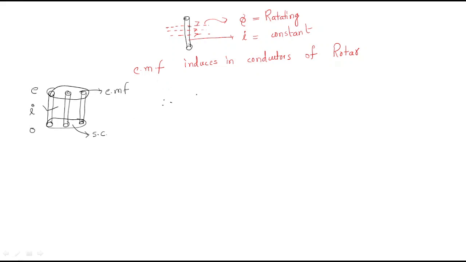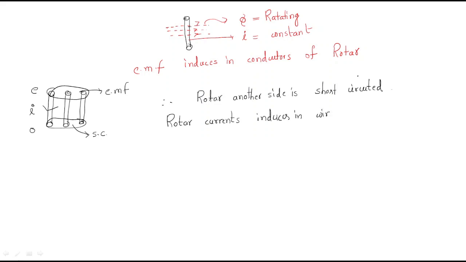Therefore, the other side is short circuited, so rotor currents will be induced due to the short circuit. Why is it induced? One side potential difference is E, the other side is 0. Rotor currents are induced in the windings. Understand?